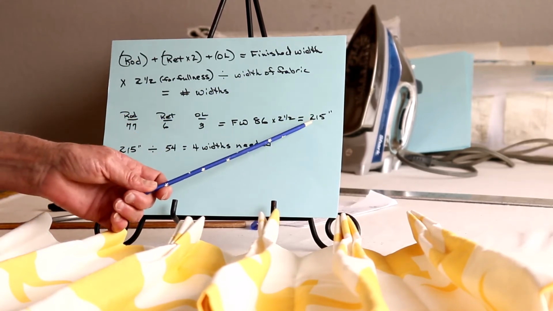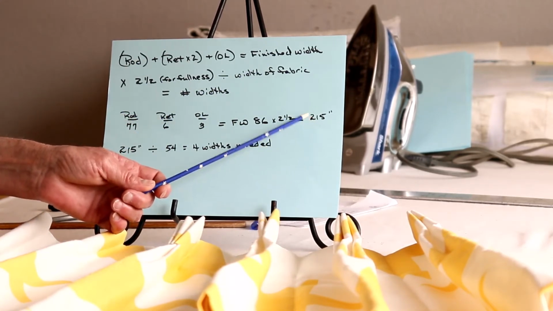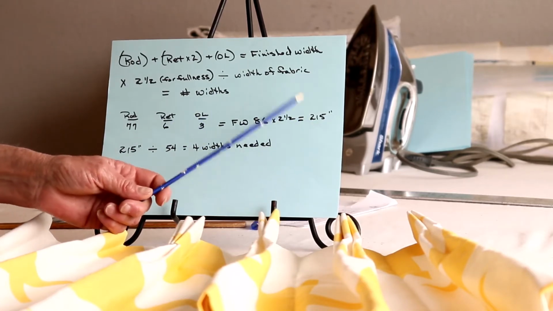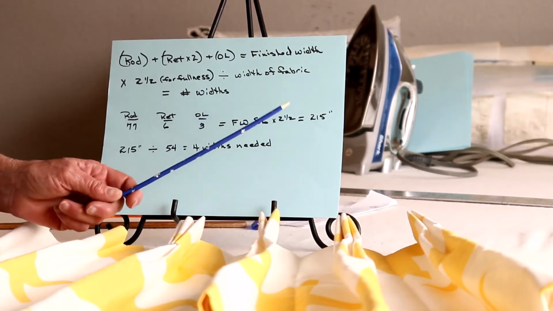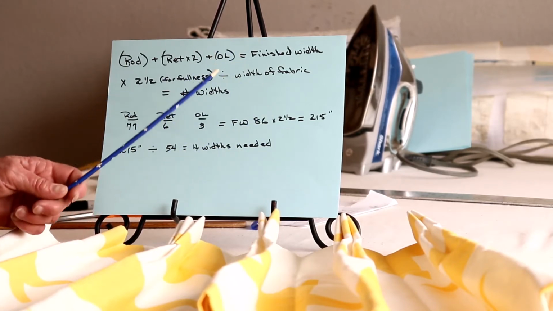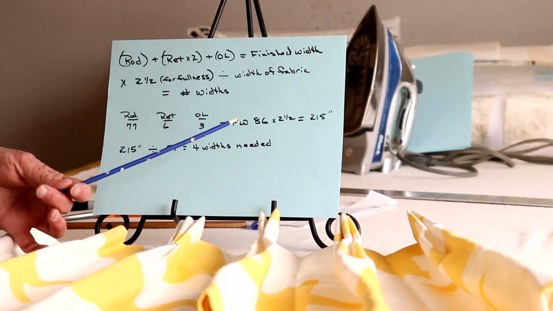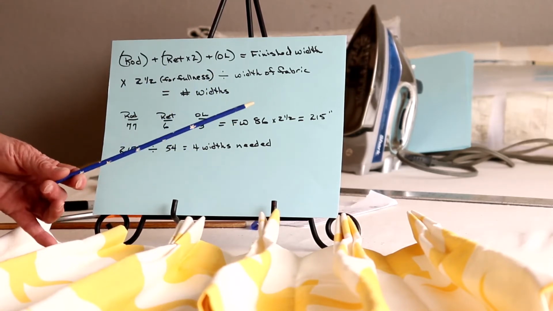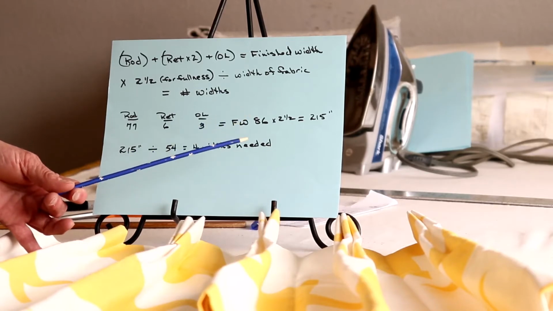Okay, so your 215 inches, remember this is all working across the top of the drape. This determines how many widths you need. Most fabrics are 54, but you have to check. Some can be as much as 118 wide. Some can be as little as 32 to 36 wide.